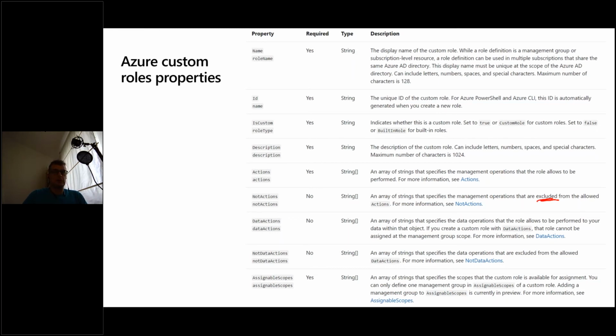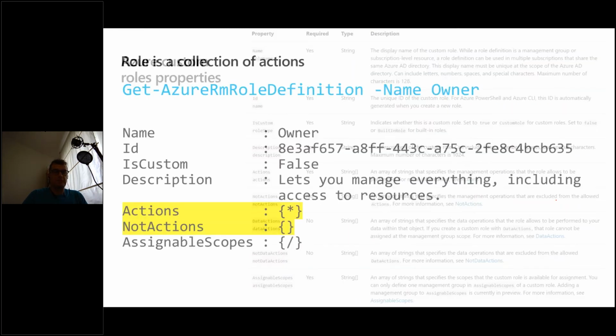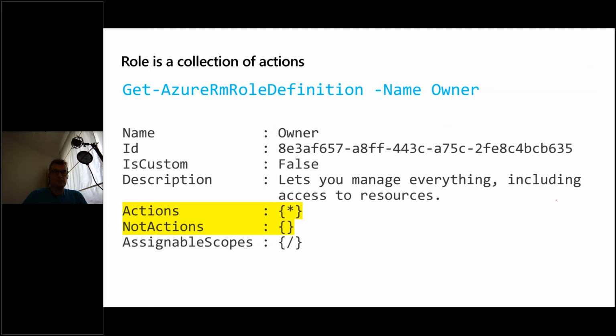So, for example, let's see that in a few examples. For example, here is the applicable PowerShell command, which gets the role definition of the owner, let's say, and see all the scopes.